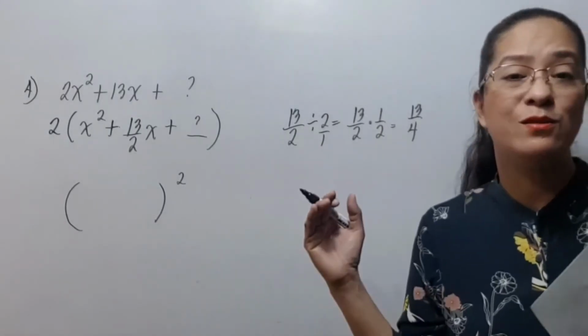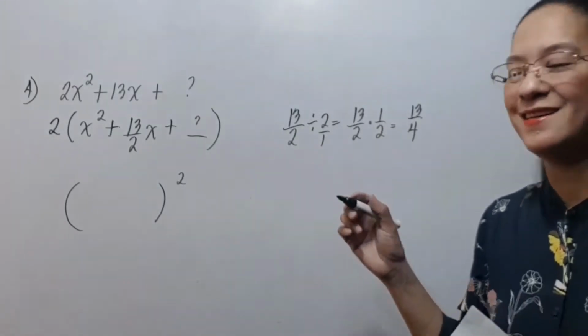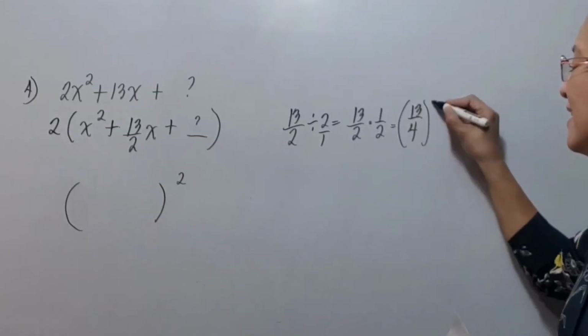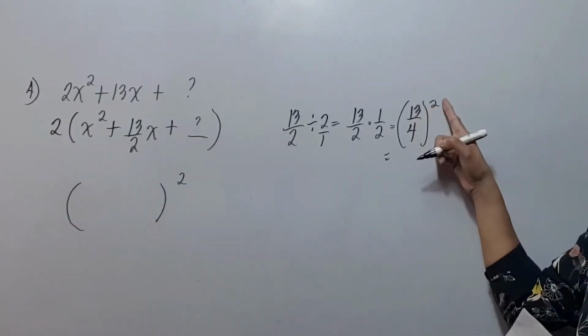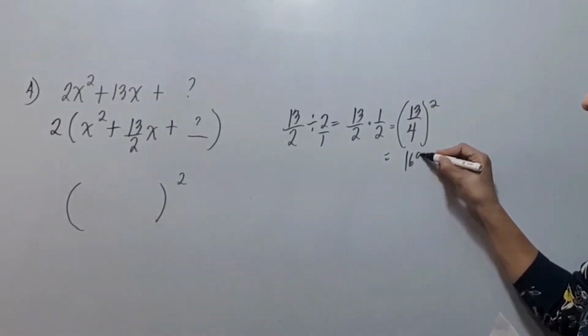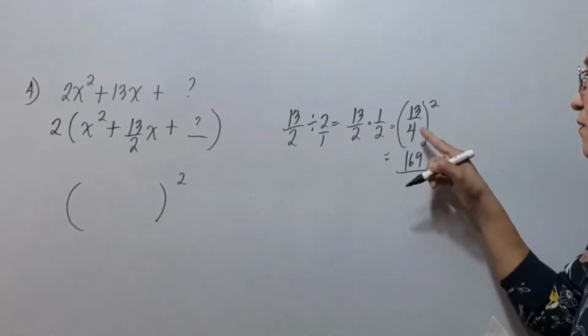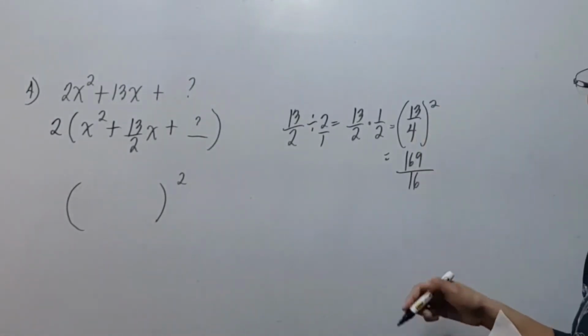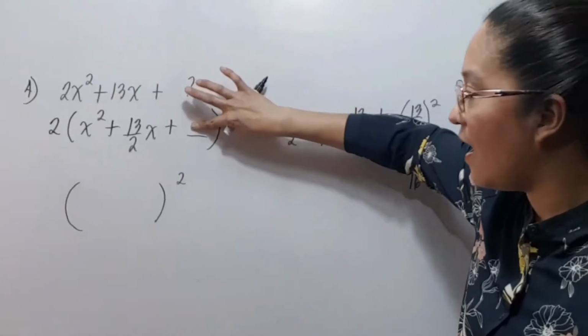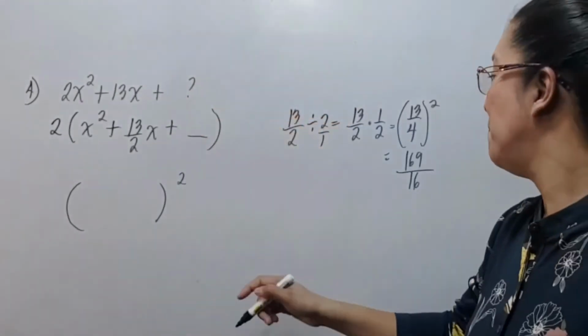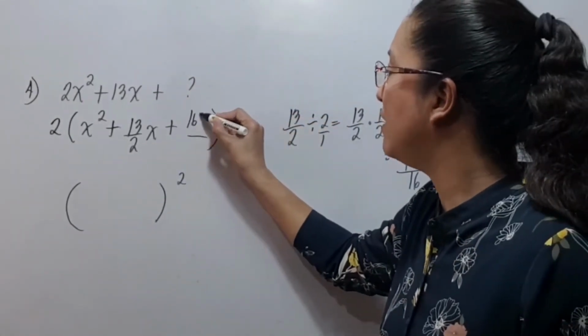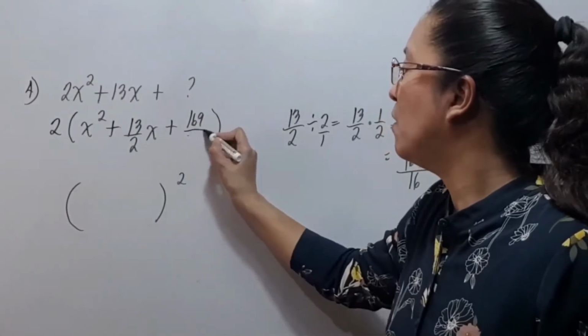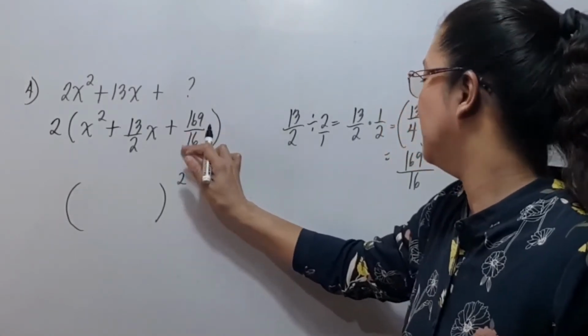Now, we are going to square the quotient. No? Square natin. So, 13 squared is 169 and 4 squared is 16. So, yan ang i-add natin dito, no? So, we add 169 over 16.